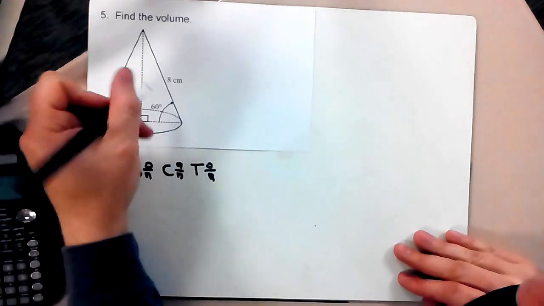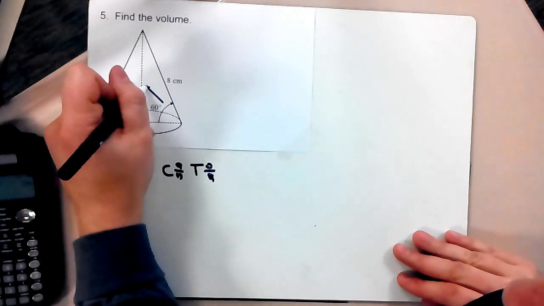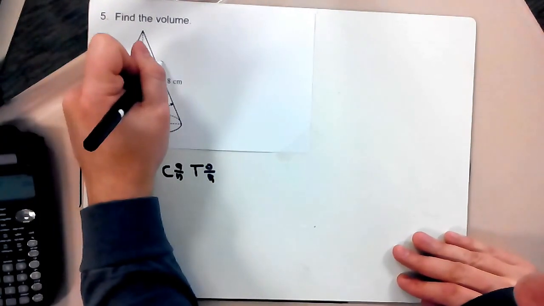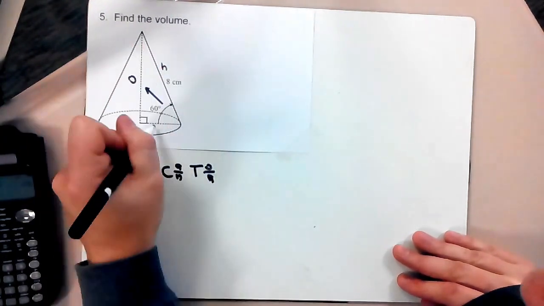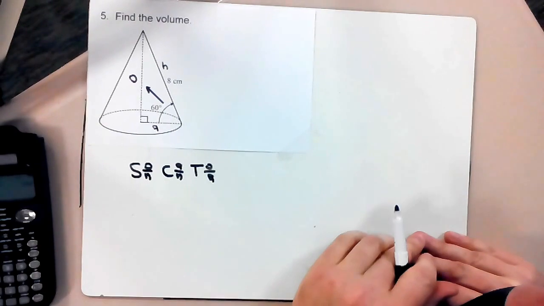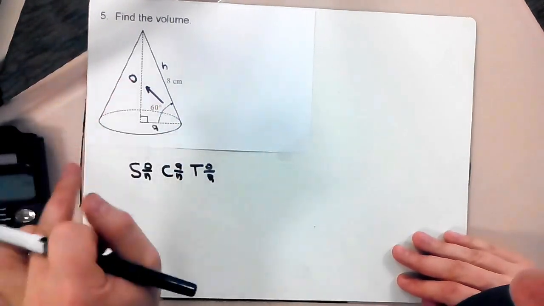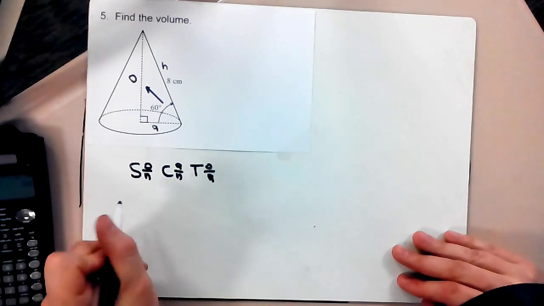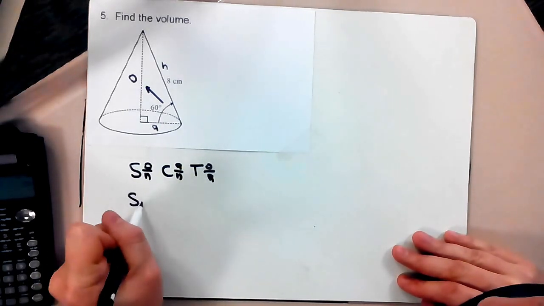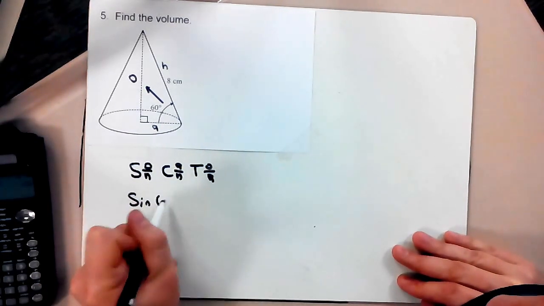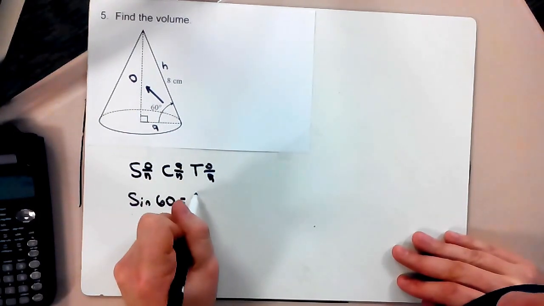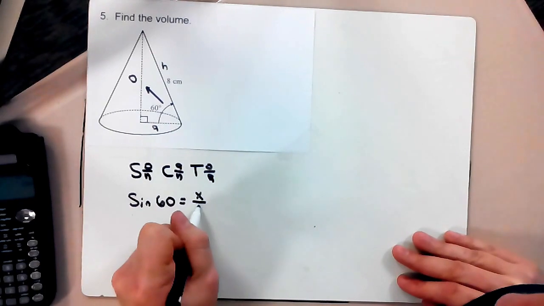Okay, I'm going to label my triangle. This is going to be opposite. This is the hypotenuse, across from the right angle. This is adjacent. I need to find the opposite side, and they gave me the hypotenuse. So I'm going to use sine. So sine 60 equals x over 8.